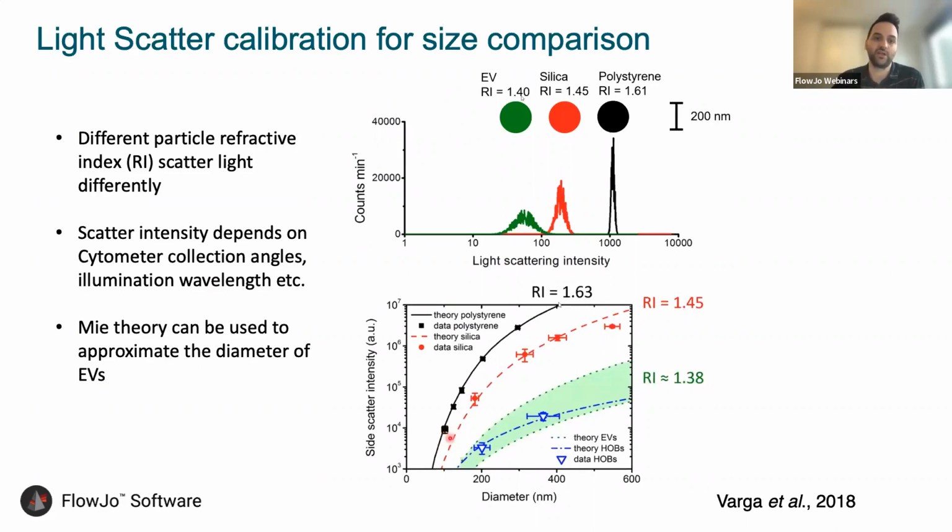Those black data points here are basically the measured sizes of polystyrene beads, and those will have a relative light scatter intensity. Okay, so now we have something known here, and through Mie theory, so through a complex mathematical equation, we can draw this line through those data points. And now we can correlate the intensity with the diameter.